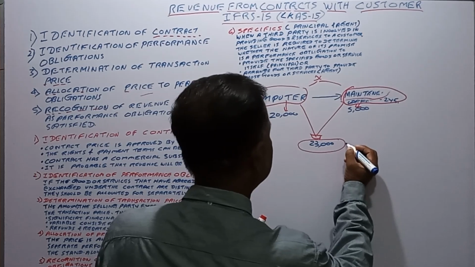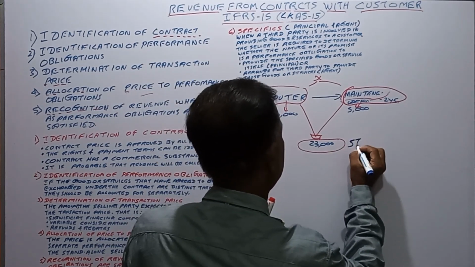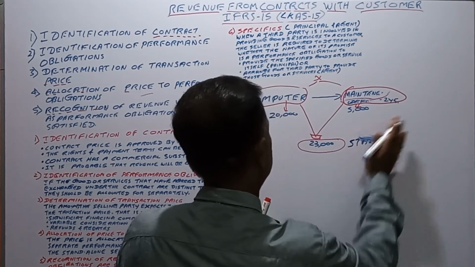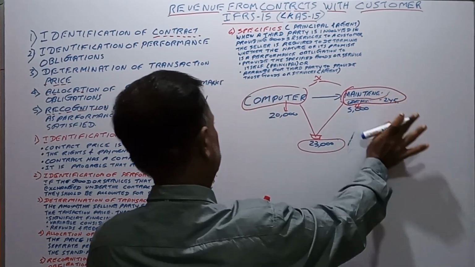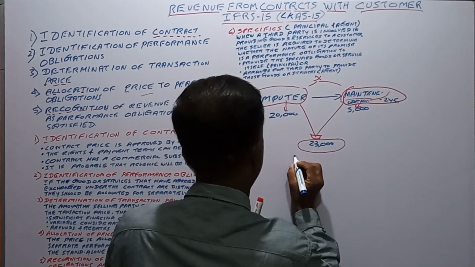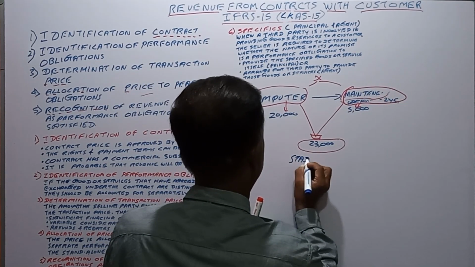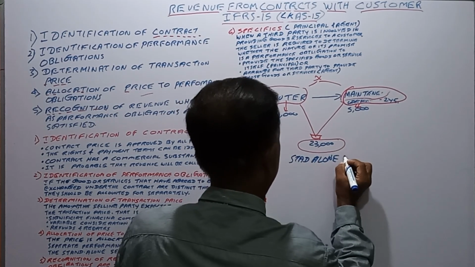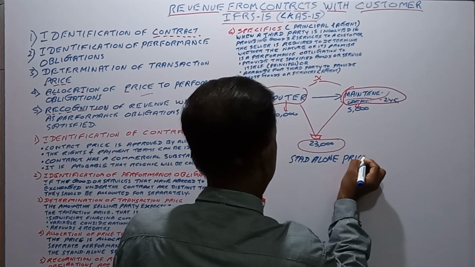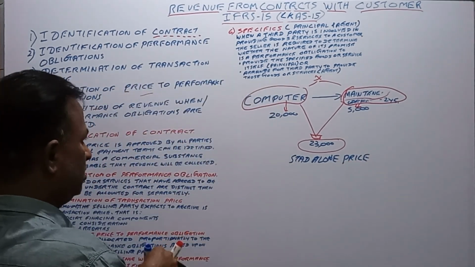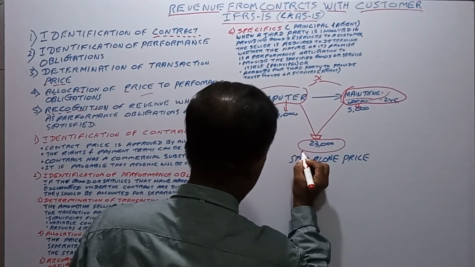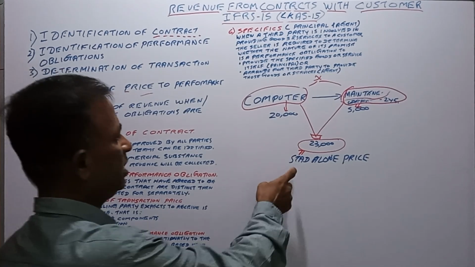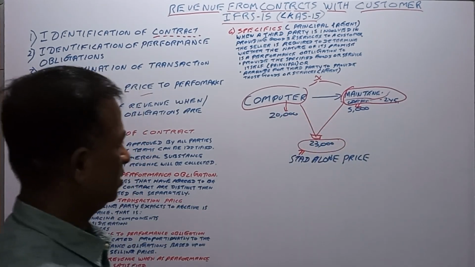This is called the standalone price. This is the normal price.